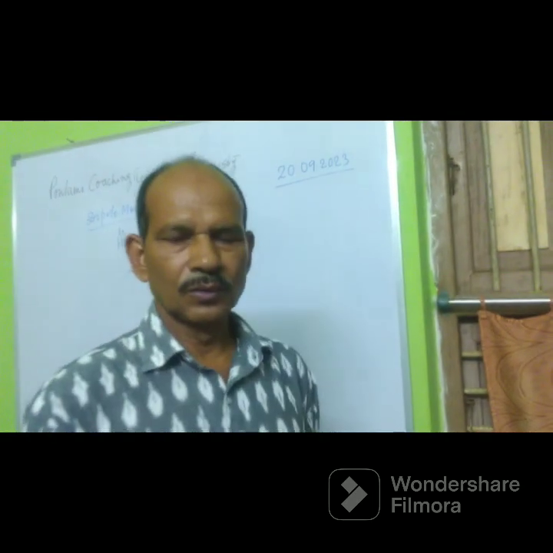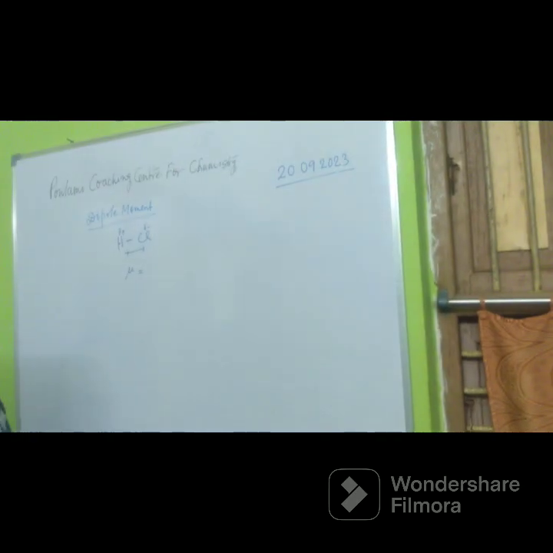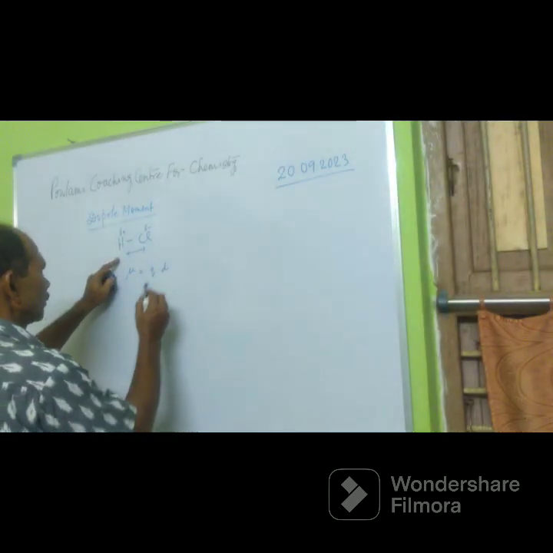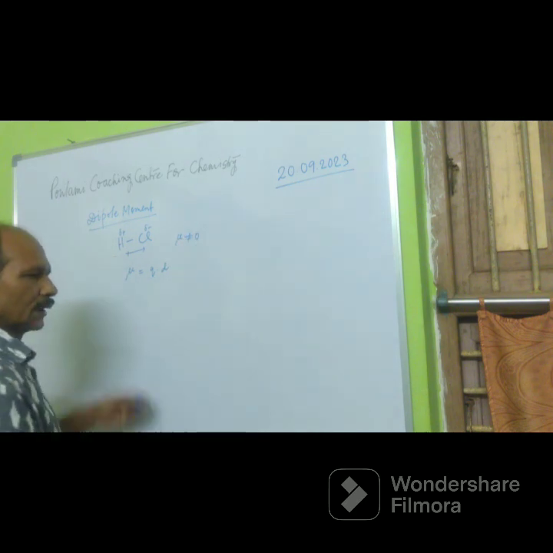If the charge is Q and the bond length is D, then the dipole moment will be the product of Q and D. Okay. So it has some dipole moment. In this case, mu is not equal to 0. It has some value.